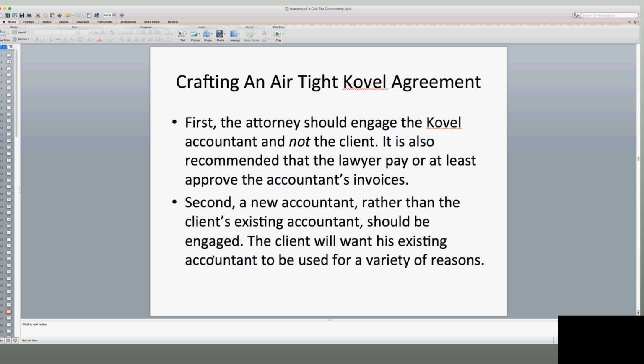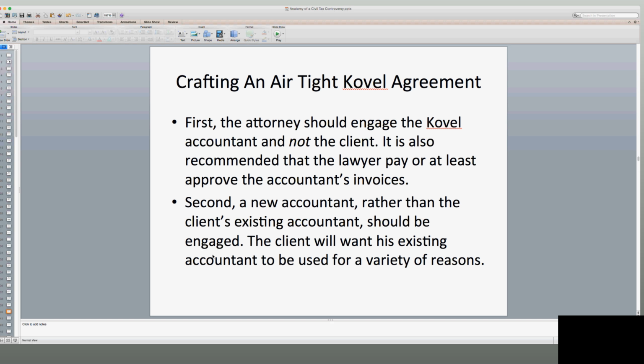You're really okay so long as you're approving the accountant's invoices and acknowledging that the client can pay the accountant, but you want to engage the Kovel accountant directly.